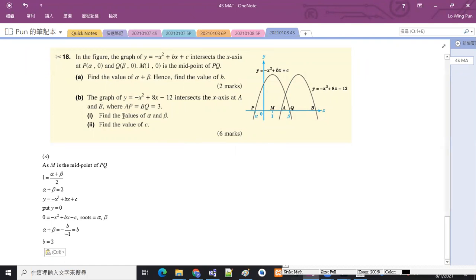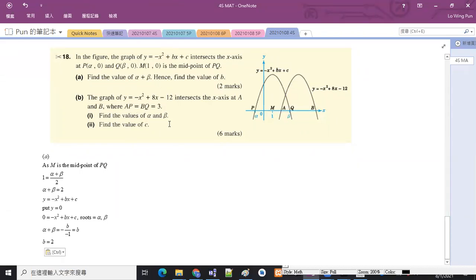Okay, and then part B, the graph of y equals negative x squared plus 8x minus 12 intersects the x-axis at point A and B. Okay, so A and B are the x-intercepts of the new curve, where AP is equal to BQ is equal to 3.